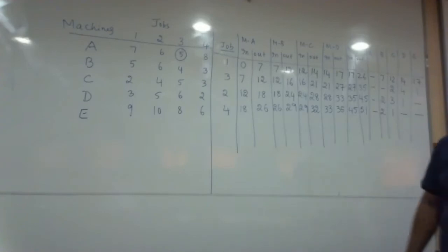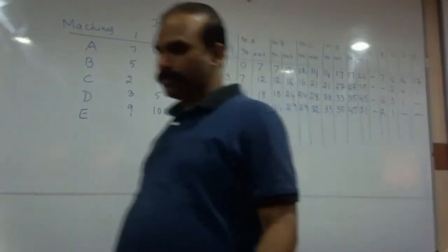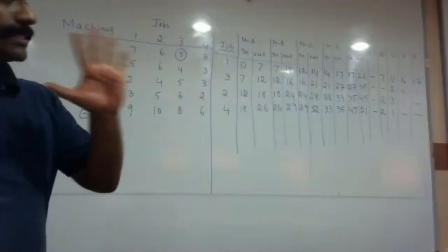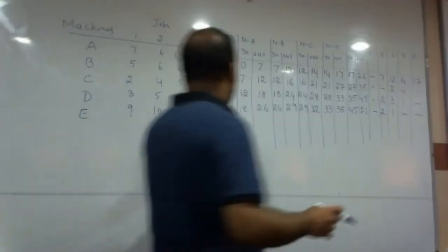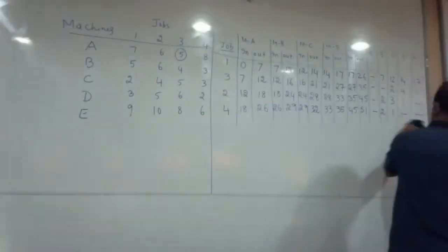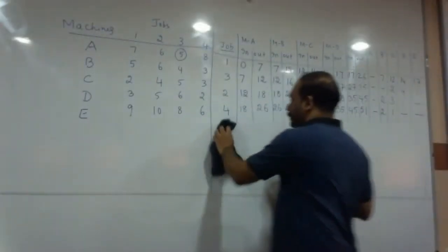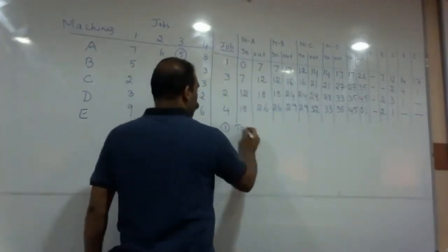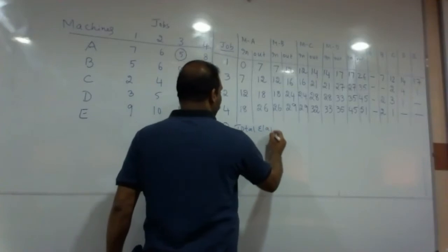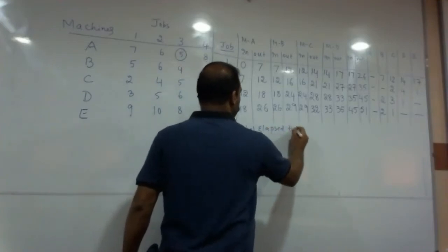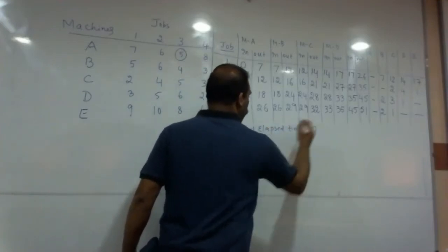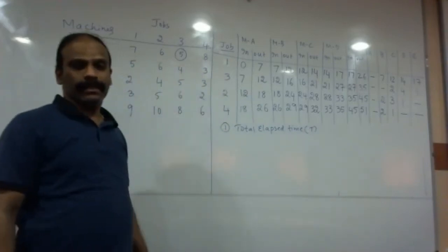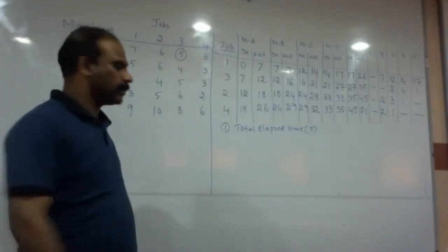Once the calculations are completed, now we have 6 things to be calculated. What are the 6 things to be calculated? First one, total elapsed time, which is nothing but T. This is the first value to be calculated.